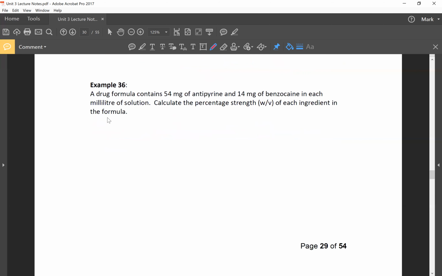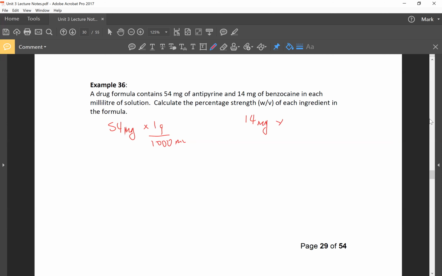Example number 36, pretty much the same thing. It says a drug formula contains 54 milligrams of antipyrine and 14 milligrams of benzocaine in each milliliter of solution. So again, the same thing for this calculation. We would change the milligrams to grams. So 54 milligrams, change it to grams. Okay, and I could do that for each of them.